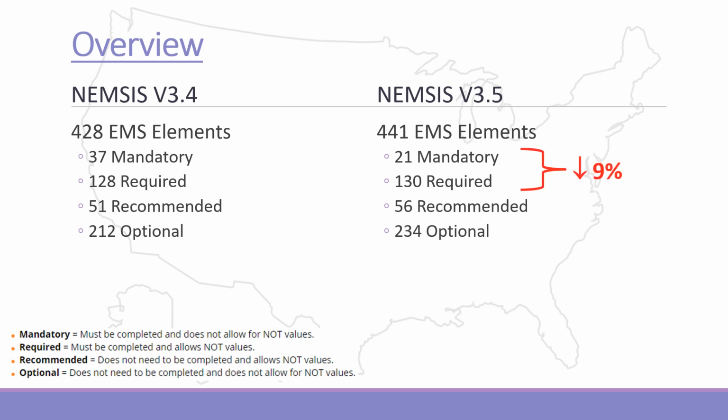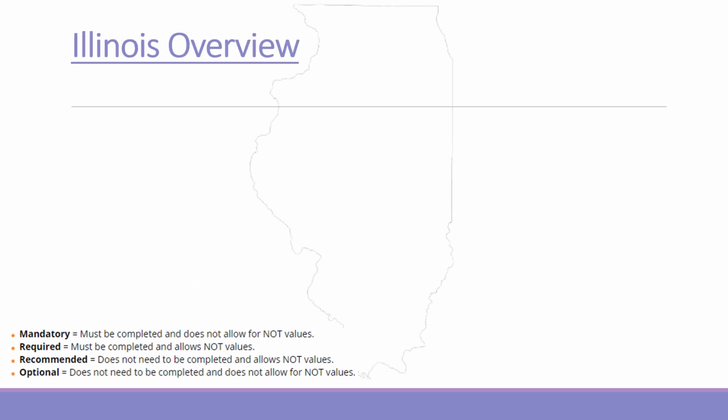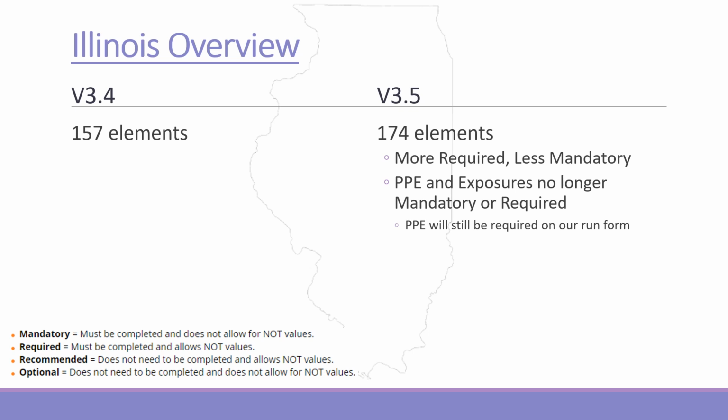So the number of you-have-to-enter-it fields in the NEMSIS data set went down 9% in the switch. Illinois went the other way. Illinois required 157 elements in 3.4, and that's up to 174. However, more required elements and fewer mandatory. So again, more elements that allow not values and fewer that require you to pick from a list or necessarily enter text.